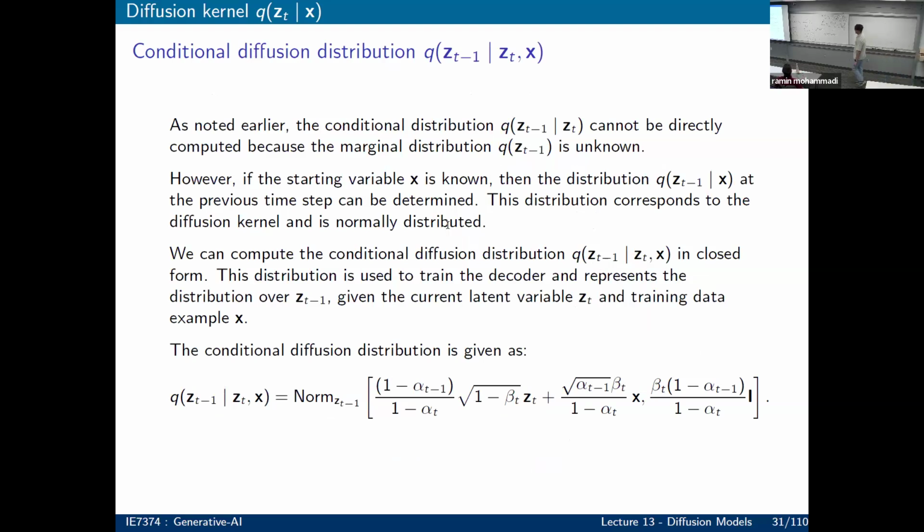And if you wonder where this term is coming from, this posterior comes from a Gaussian with this mean and this covariance, right? So if you have two Gaussians, one with mu1, one with mu2, covariance 1, covariance 2, and you want to combine these two, because a mixture of two Gaussians becomes another Gaussian.